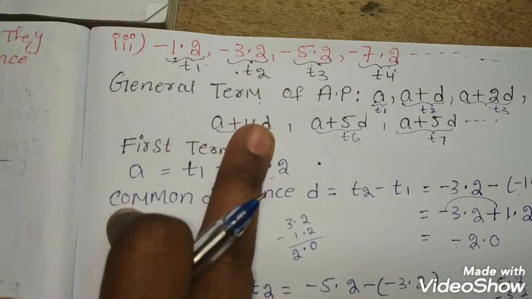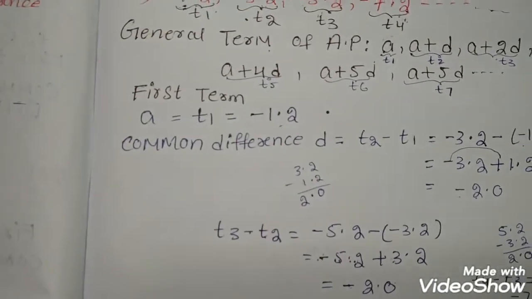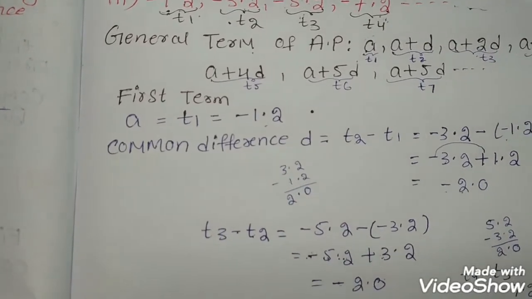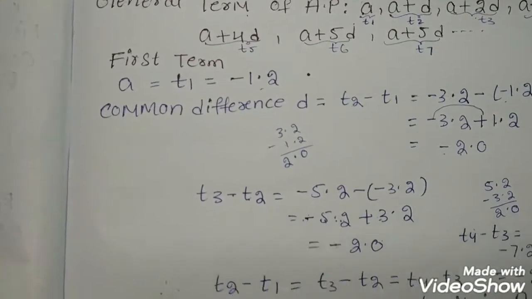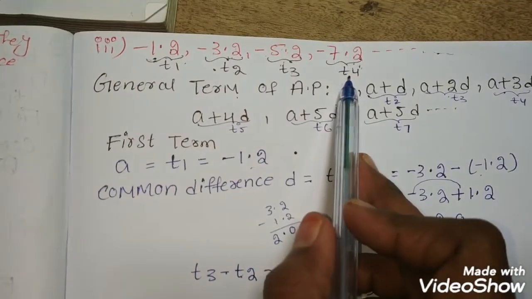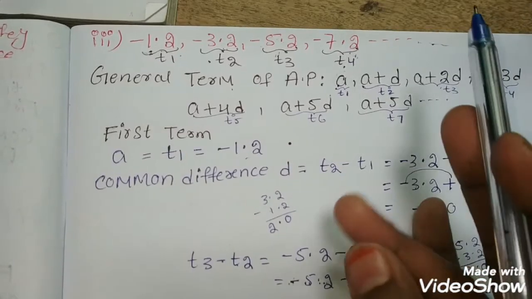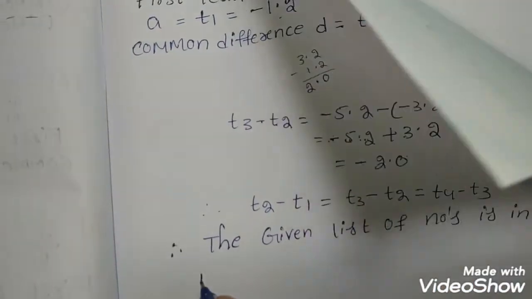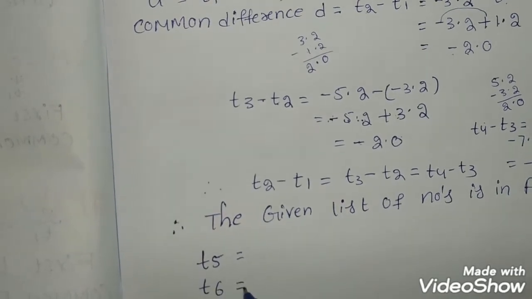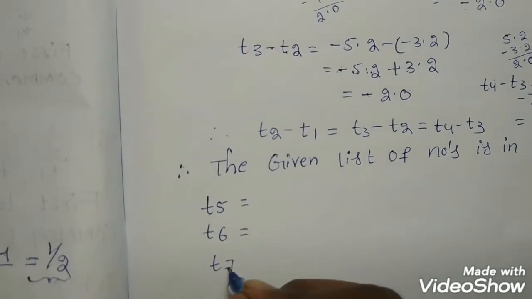If it is an arithmetic progression, the next step is we have to find the next three terms. See here, up to T4 they are completed. What we have to find? T5, T6, T7 we need to do.